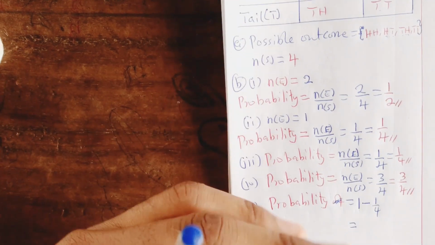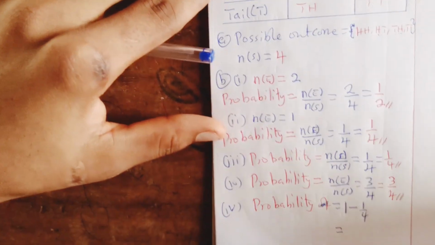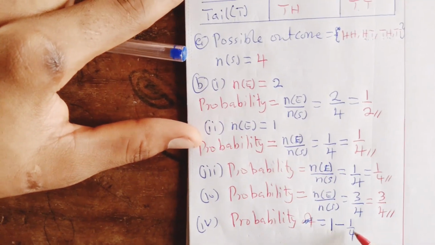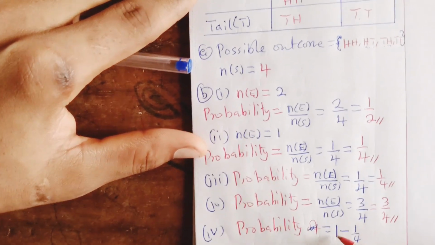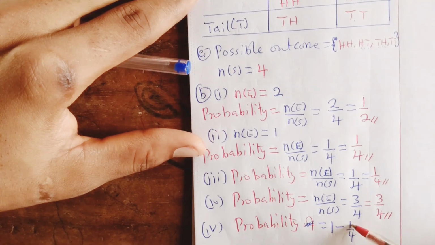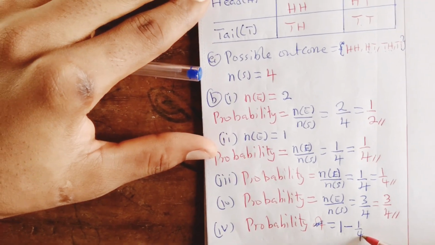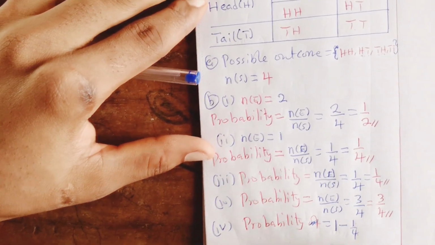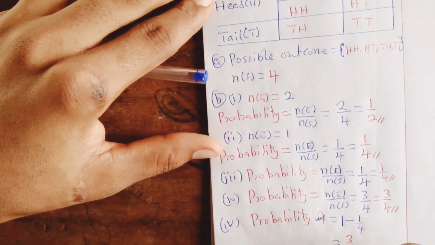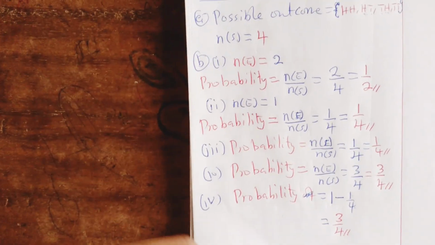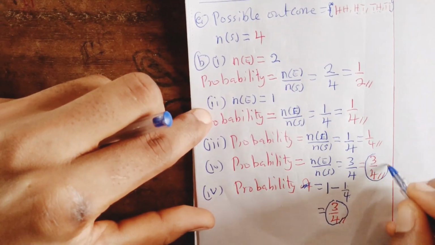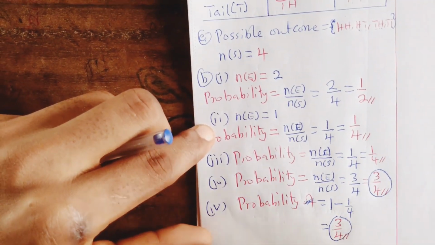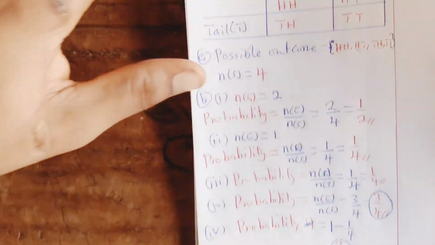And I said earlier in my videos, if you don't watch that video, go back and watch it. If you are subtracting a proper fraction from 1, don't stress yourself. Just ask yourself, what number will I add to the numerator to make it the same as the denominator? That is 3. So the answer becomes 3 out of 4. So you realize that this place and this place are the same. Whether you use this method or this method, you get the same answer.